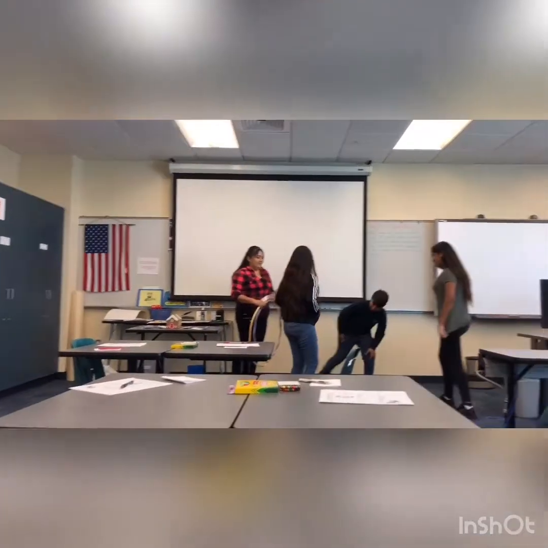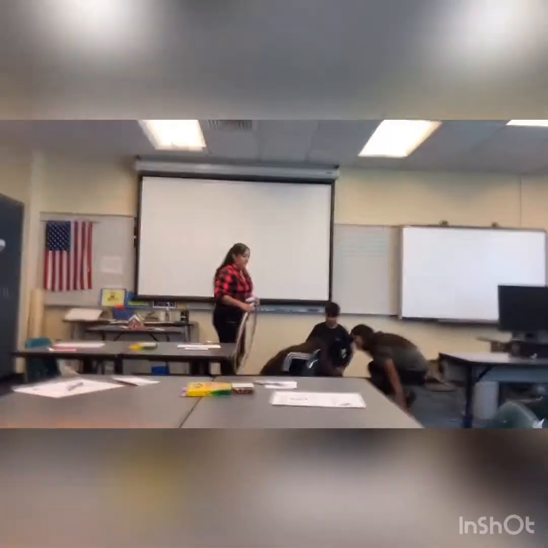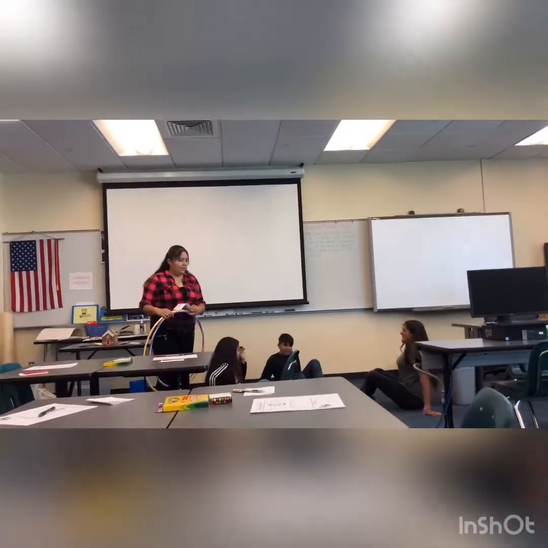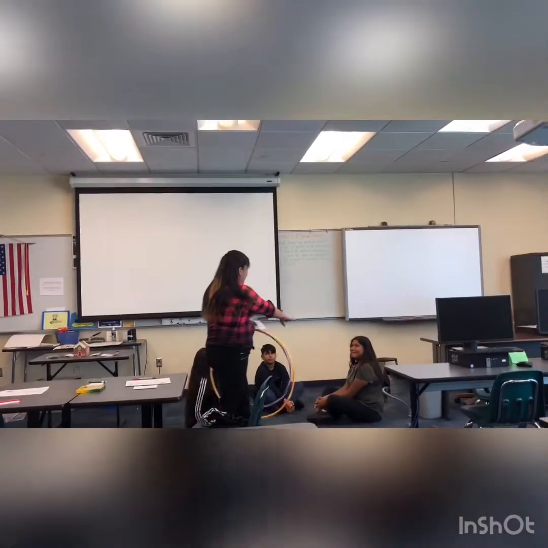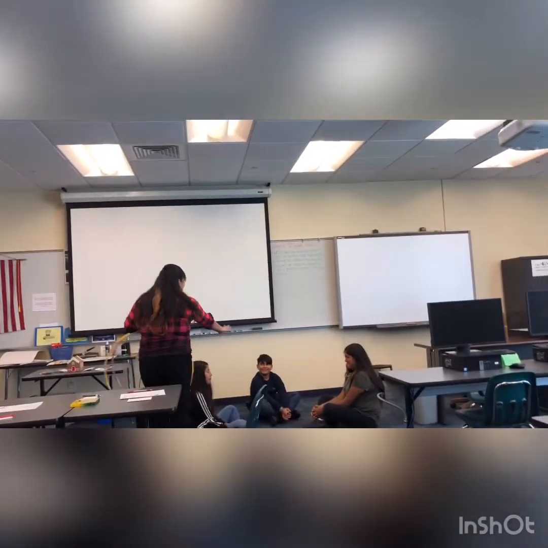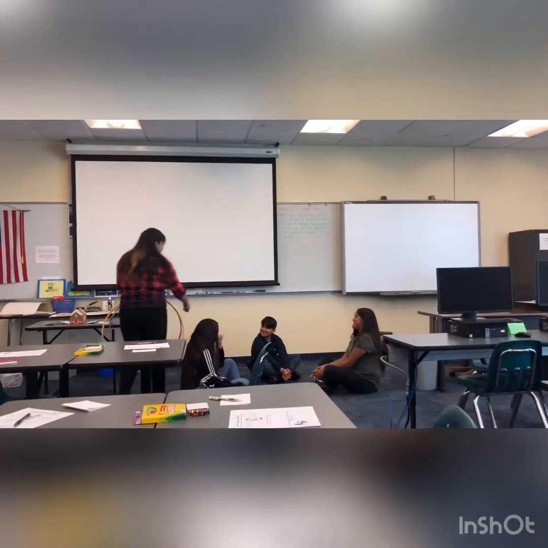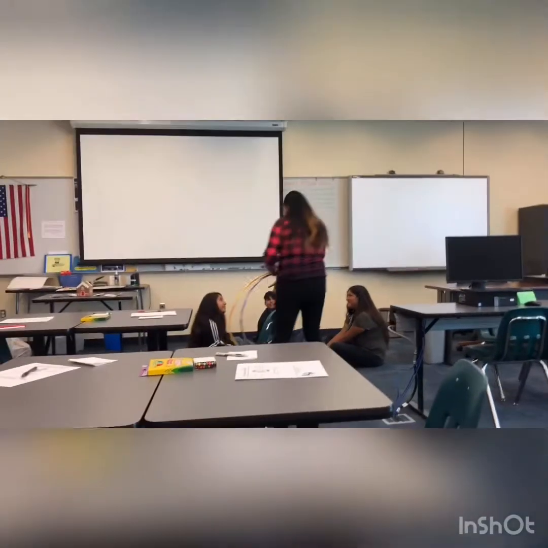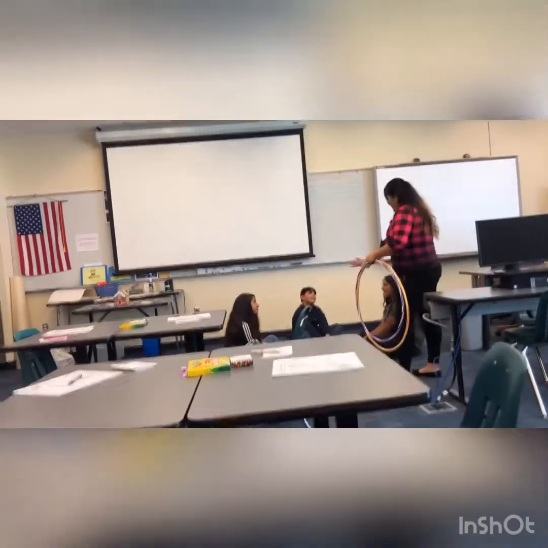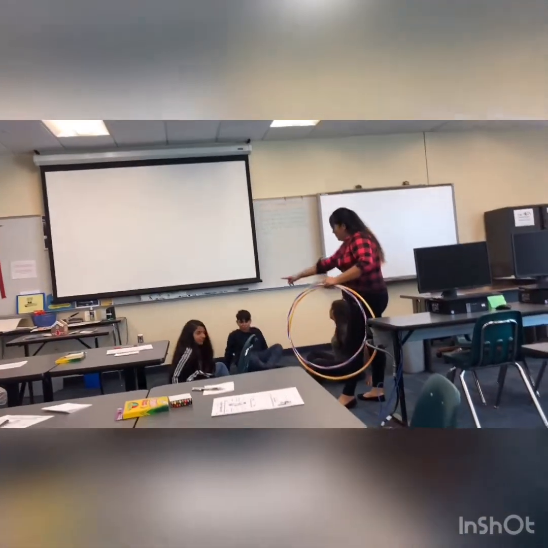Make a circle. John, Beto, you're gonna be with DJ, and you're gonna be with Amanda, okay? So you guys could spread out a little bit more. Remember, we're making a circle.